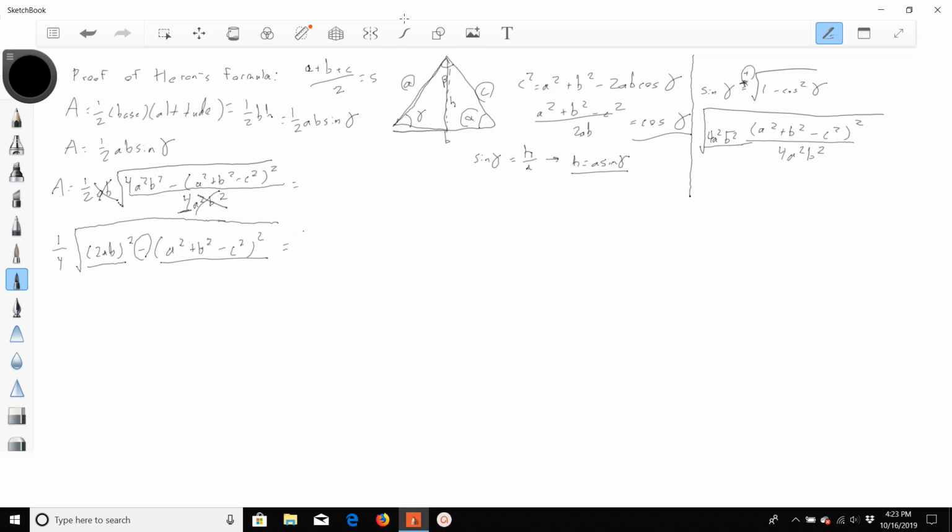So we get 1/4 big square root. So 2ab minus (a squared plus b squared minus c squared) times 2ab plus (a squared plus b squared minus c squared).